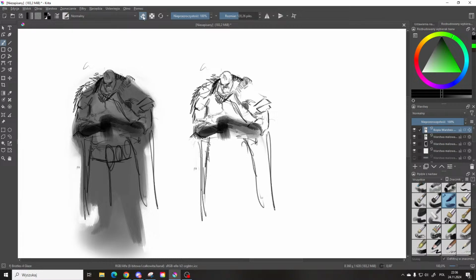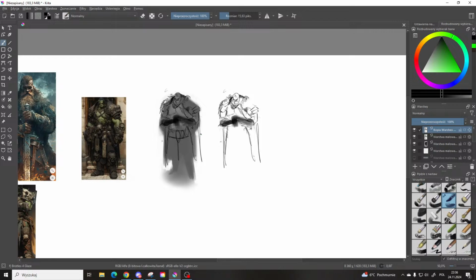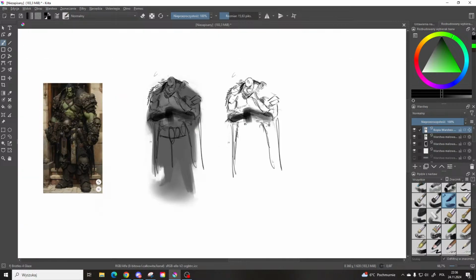So these are iterations that you are supposed to show to the art director, because sometimes he will be like, oh, you know what? Actually, this belt was the coolest one. So yeah, perfect. Then we're gonna go for this one.